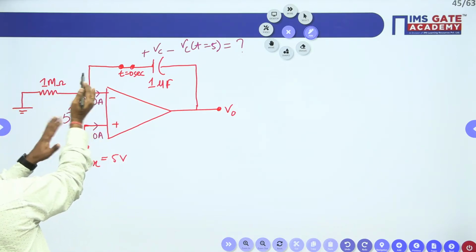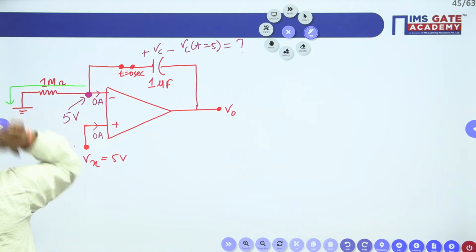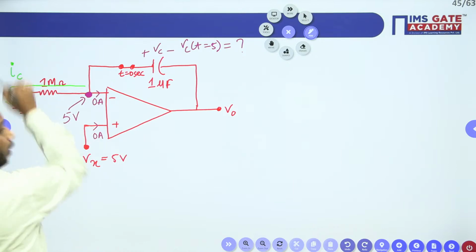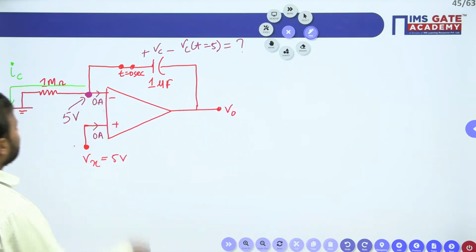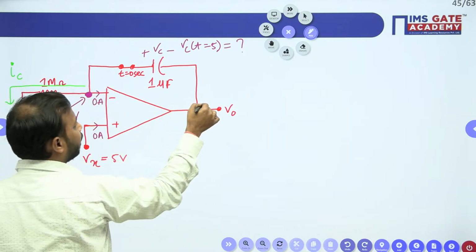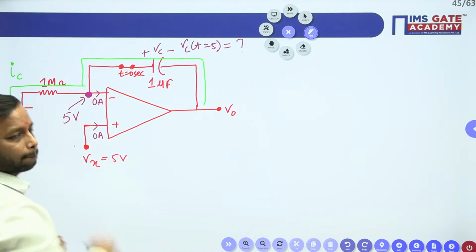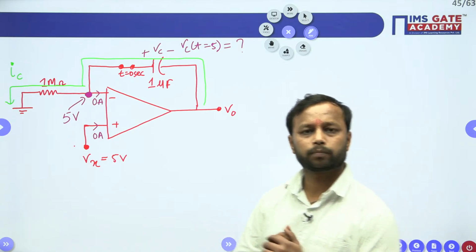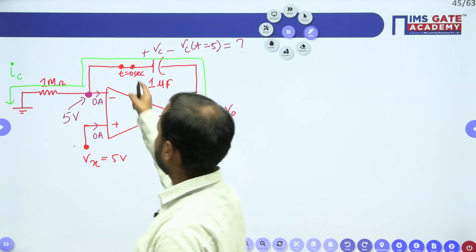Am I correct or not? Higher potential is 5 volt, lower potential is 0 volt. So the current will flow in this direction. Let me take this current as IC. Since no current is entering into the op-amp, this current IC definitely is coming like this, because current can only flow in a closed path. All right. So this is the IC current.